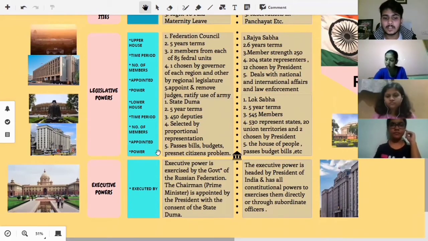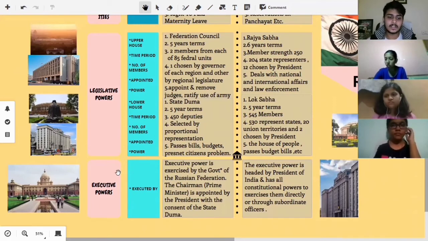The State Duma has the powers to pass bills and budgets and to represent the citizens' problems. And in India, the Lok Sabha is known as the House of the People, so it has the powers of the people. They can pass budgets, bills, and address citizens' problems.